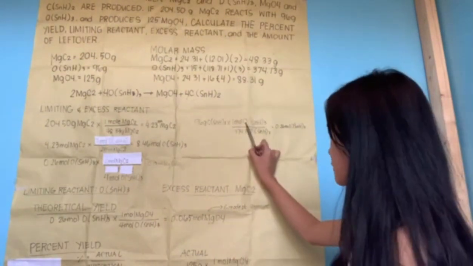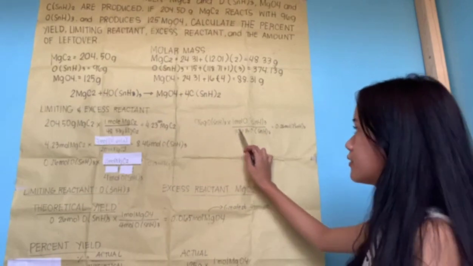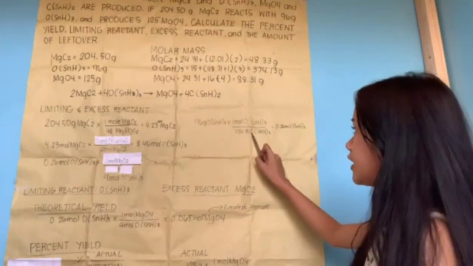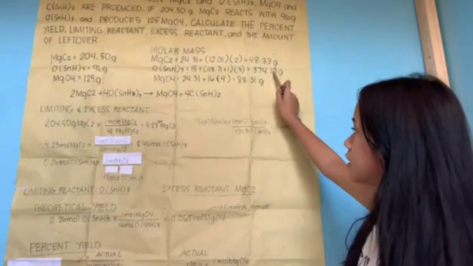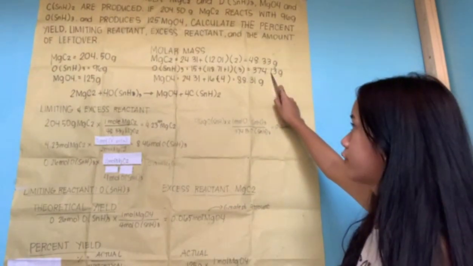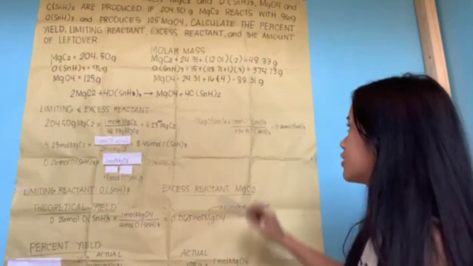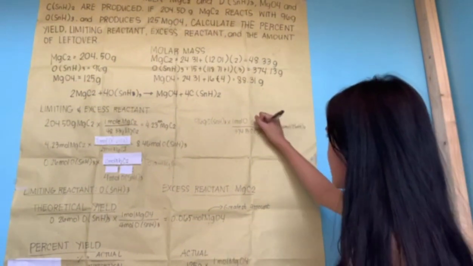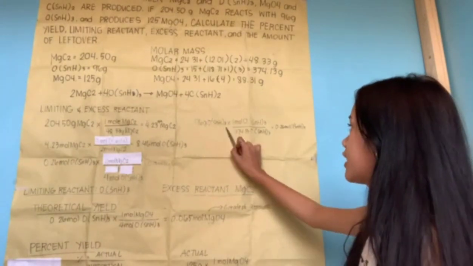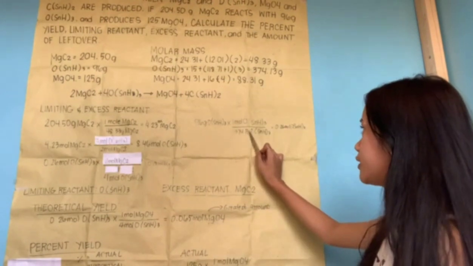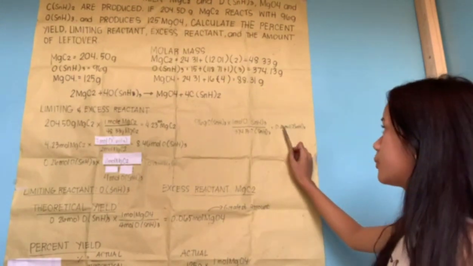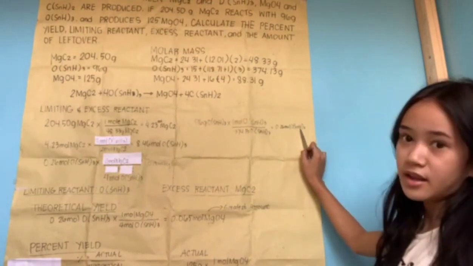So then 374.13, which we get from the molar mass of SNH3. So cancel out. 96 G times 1 mole divided by 374.13 is equal to 0.26 mole SNH3. So this is the total.